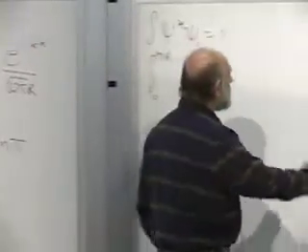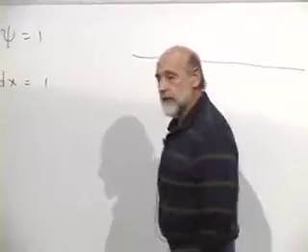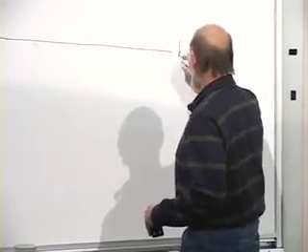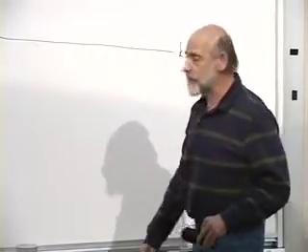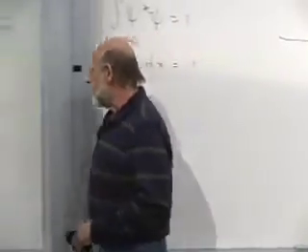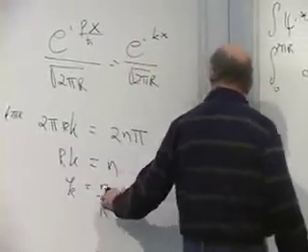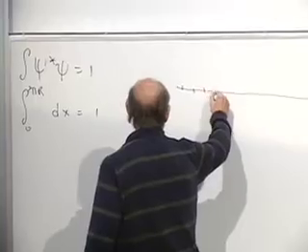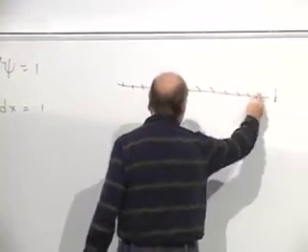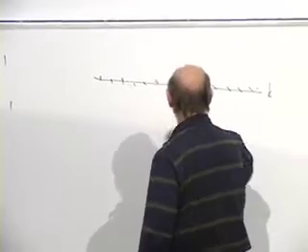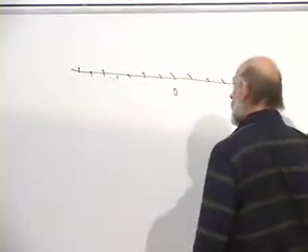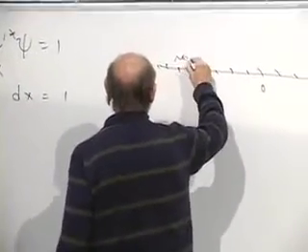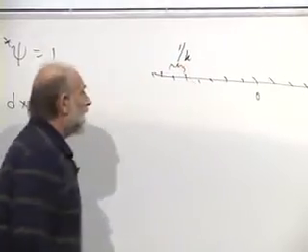Now, if I plot on the horizontal axis the spectrum of possible values of k, they form a discrete collection with a spacing of 1 over r. Those are the possible values of k, starting at 0, going off to negative infinity and to positive infinity. The separation between them is 1 over r.